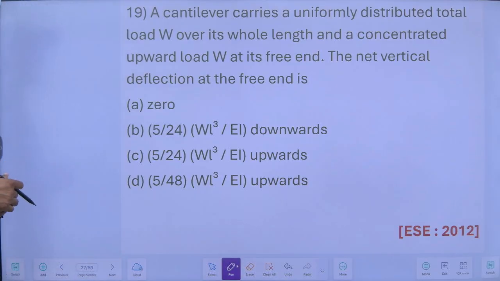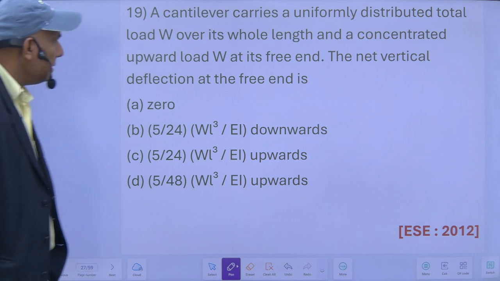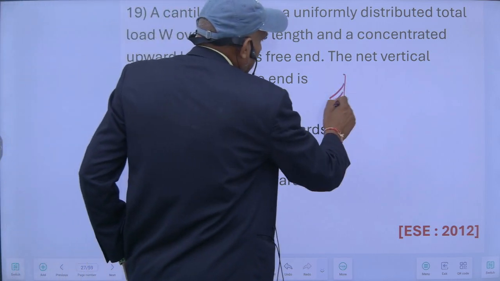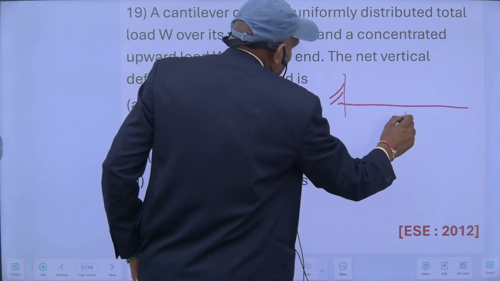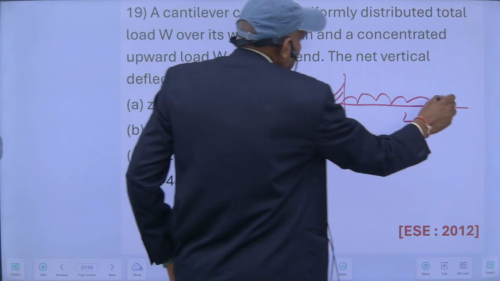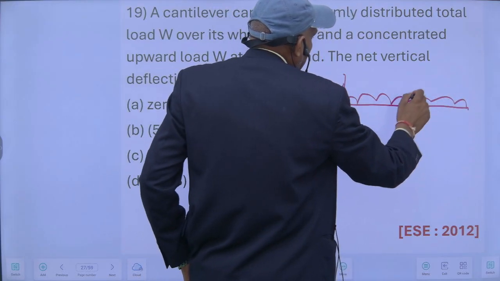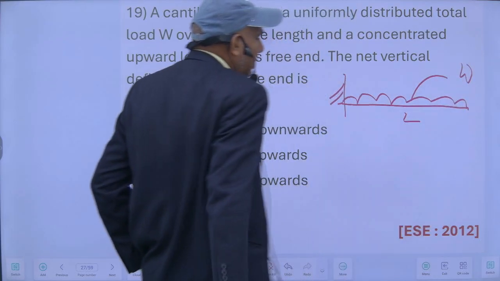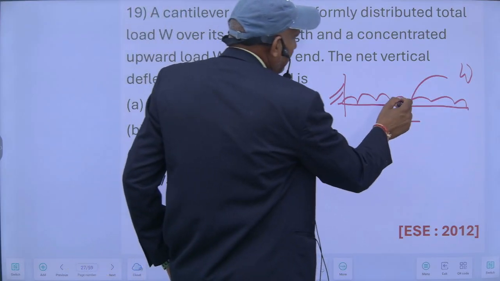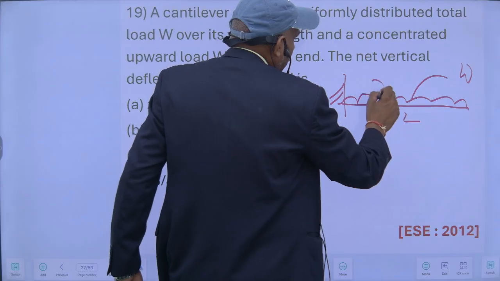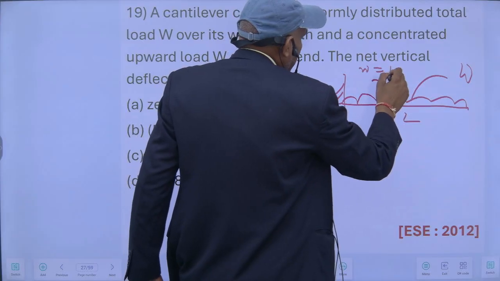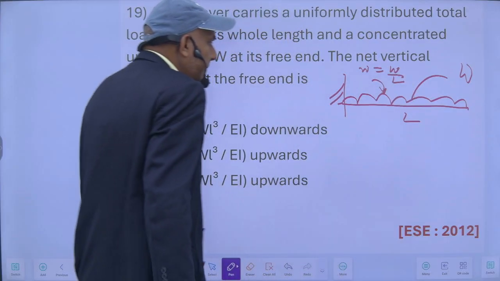A cantilever carries a UDL over its span. Total load is W. Means this is a UDL and this total load is W. It means the intensity will be W upon L, so this small w is equal to W upon L. This is the intensity.